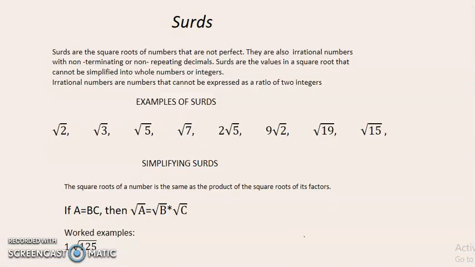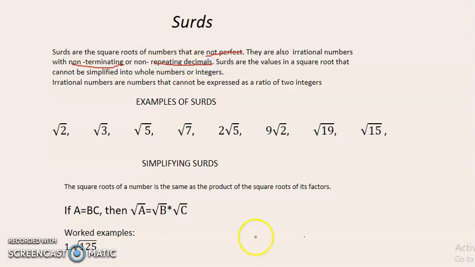Let's begin. Surds. Surds are the square roots of numbers that are not perfect. They are also irrational numbers with non-terminating and non-repeating decimals.